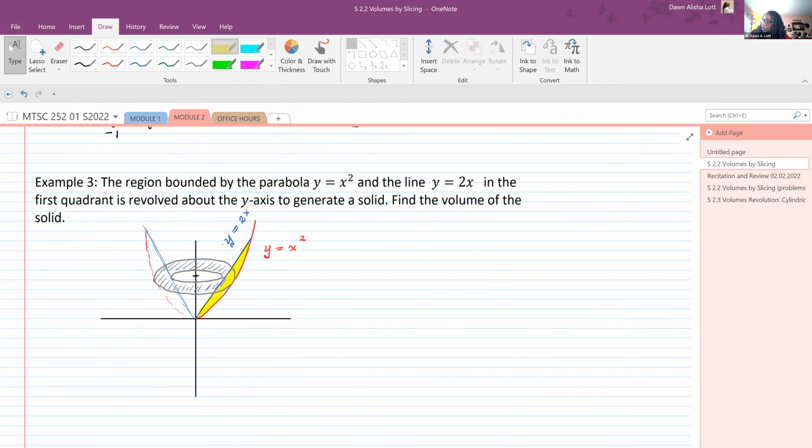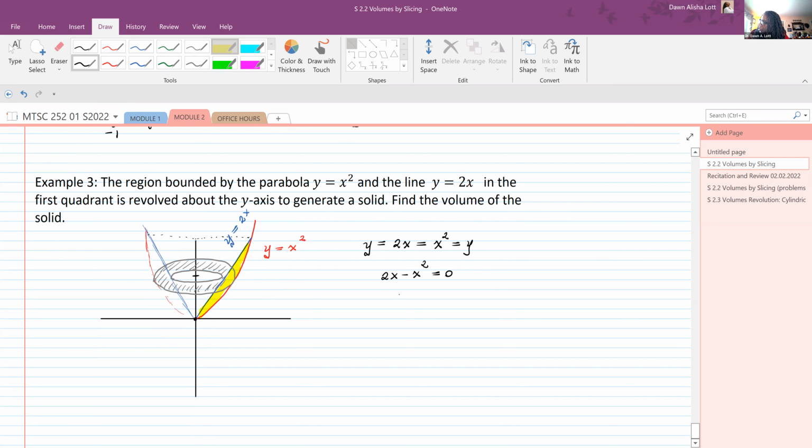So I can see that my washer starts down here at 0 and it goes all the way up to this value of y, which I don't know. So let's check. So I have y is equal to 2x, and that also has to equal x squared. So I get 2x minus x squared is 0.